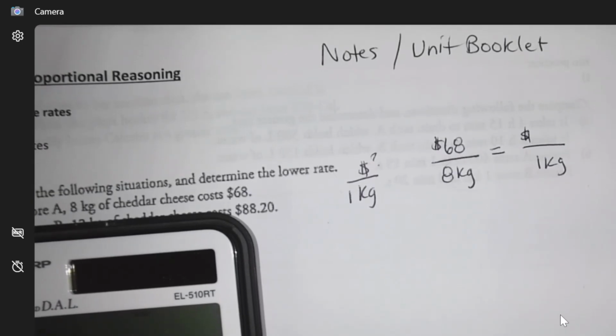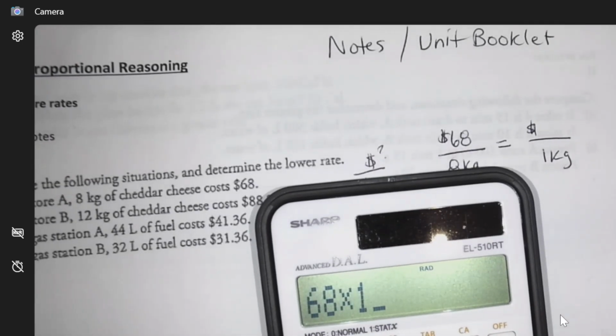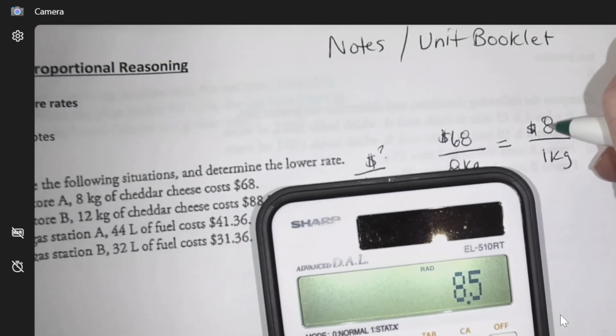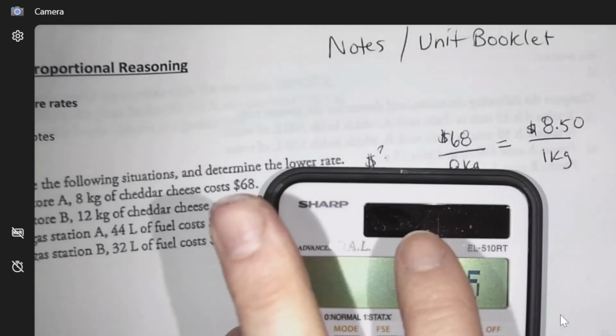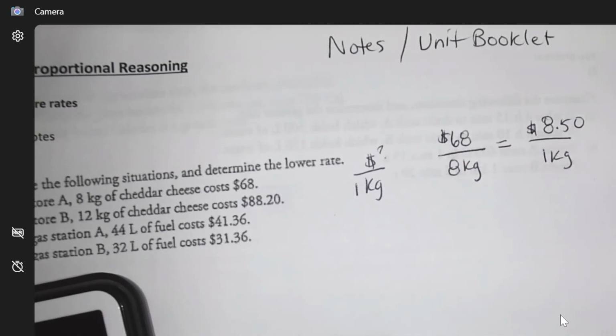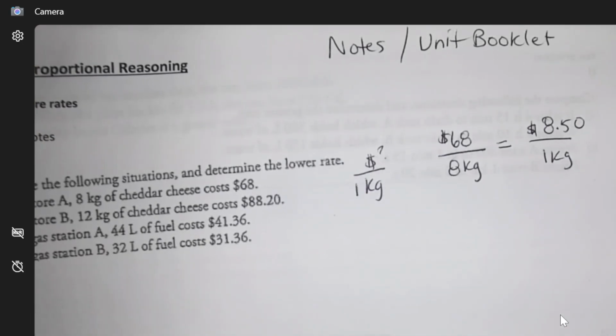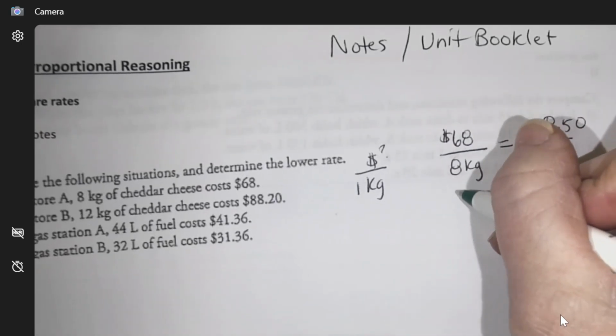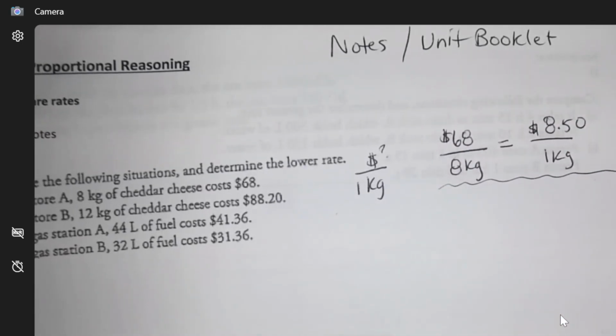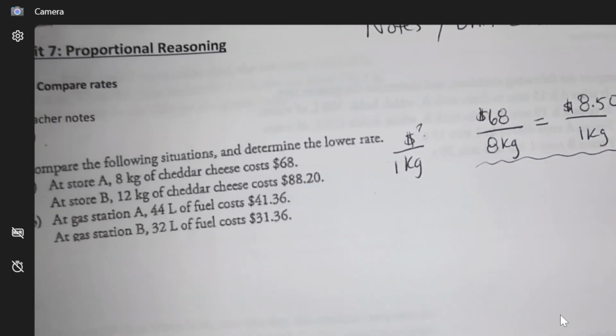So 68 times 1, which you don't really even need to type, divided by 8 is going to be $8.50 per kilogram. Okay, so then what are we going to compare it to at store B?